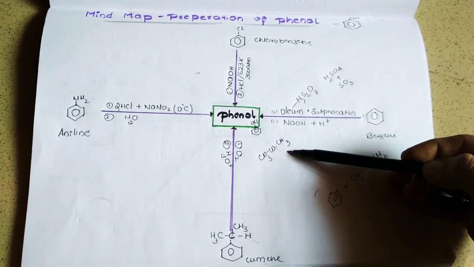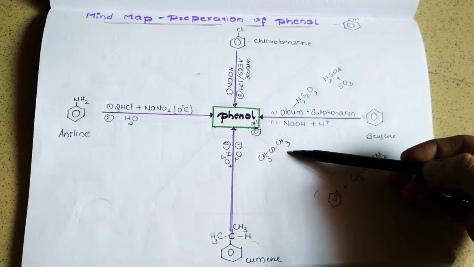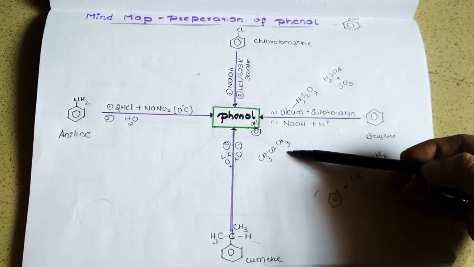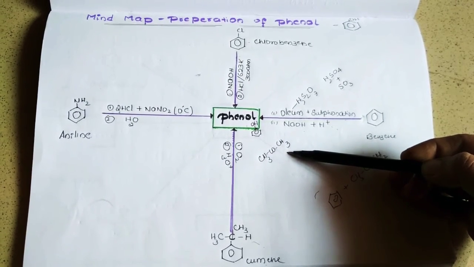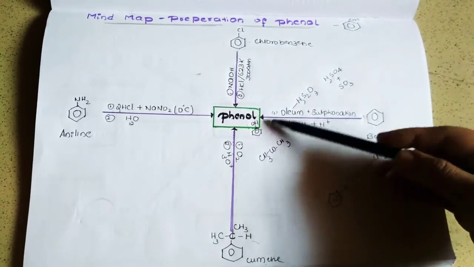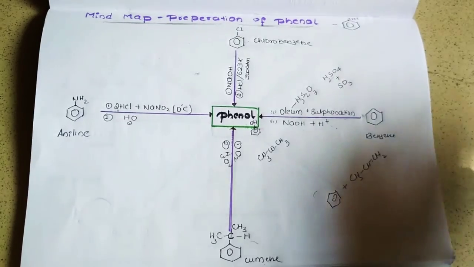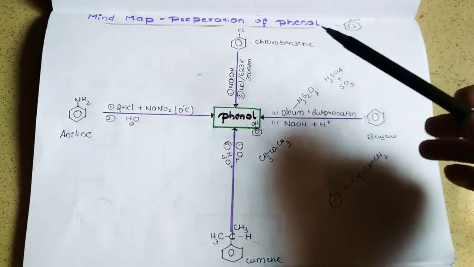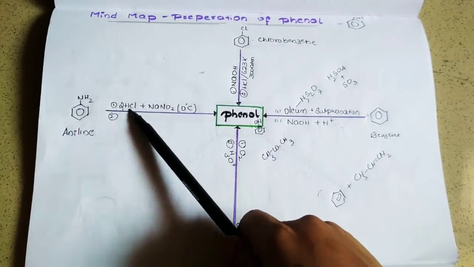Even though we are getting this as a byproduct, it is not a waste product here. It can also be industrially important, and can be used as an organic solvent. So that's why this cumene process is an industrially significant method of preparation of a phenol. Okay, yes. So let us move to the next method here.